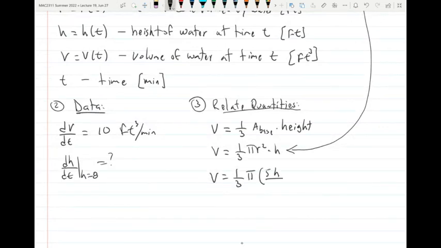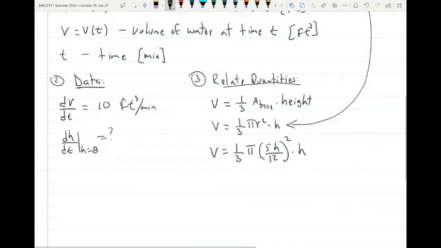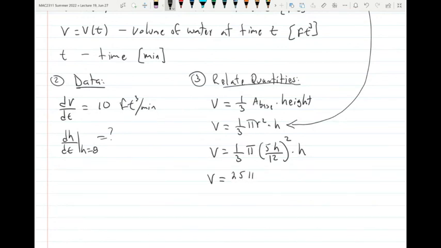So that's (5h over 12) squared times h. And then rewriting this, what we have. So let's see, 5 squared is 25. So we're going to have 25 pi over, that's 144 times 3, 432.